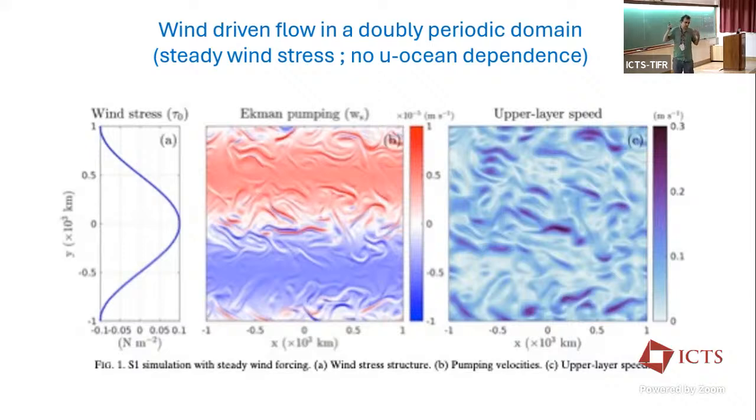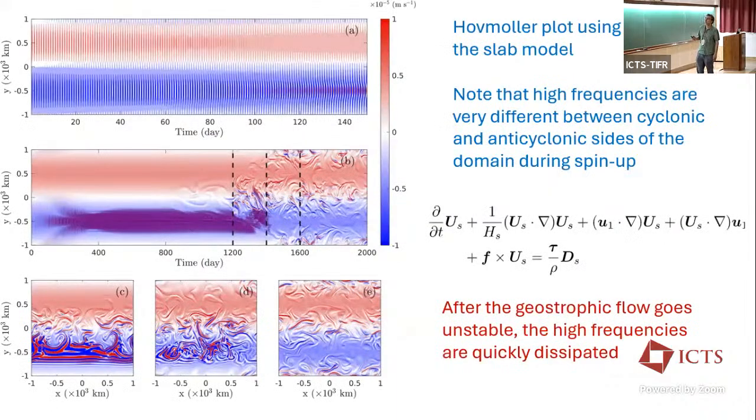It's not QG, it's shallow water turbulence, but the turbulence is kind of like QG turbulence, and it's on an F plane. I have a strong damping to kill the inverse cascade, and this is just to get some hint of the sorts of nonlinear Ekman pumping that you get out of it.